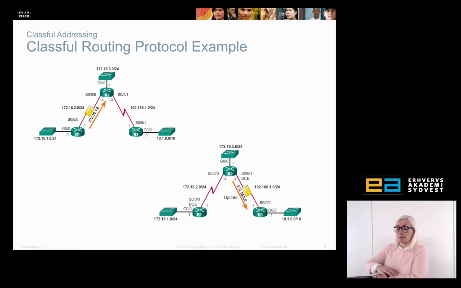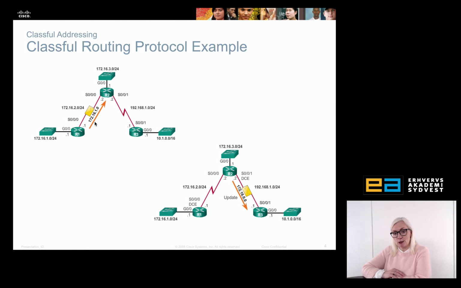The reason is that when we have routing protocols and they are classful, they don't really notice or know anything about the subnet mask. So even though I send out an update here telling, okay, I have a network called 172.16.1.0 to router 2, router 2 will not really know the subnet mask, and it will just see, okay, this starts with 172.